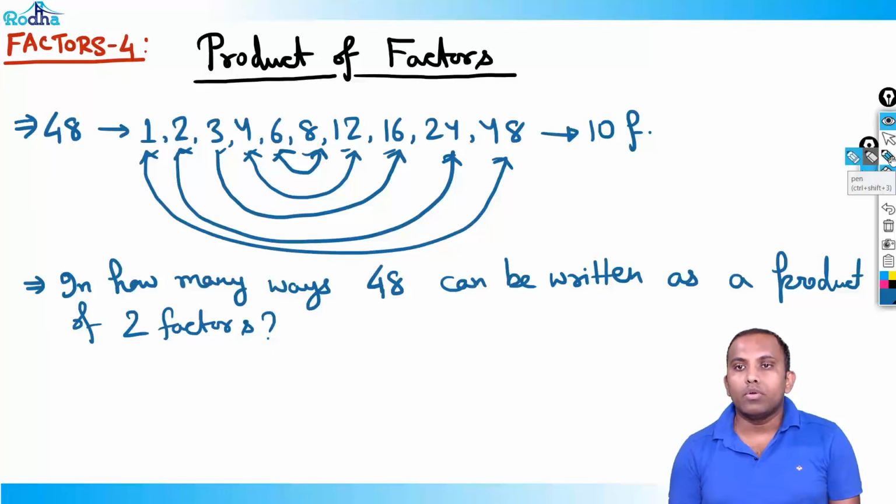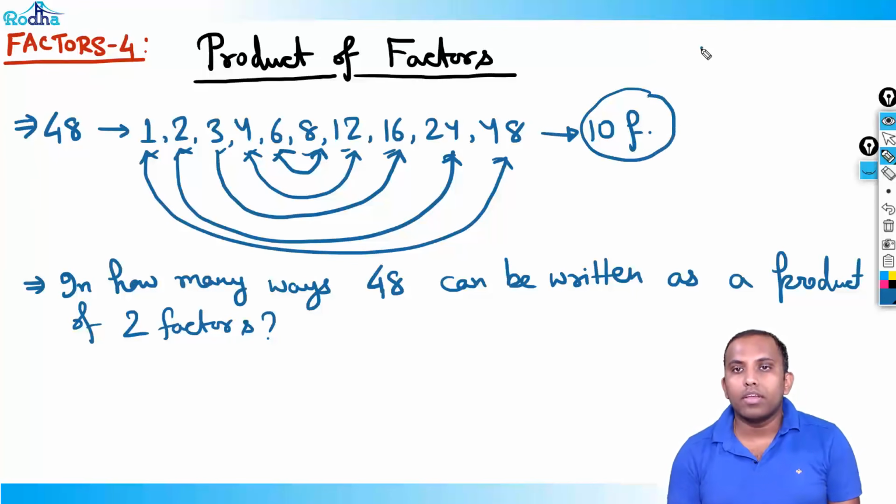When we list down all the 10 factors of 48, obviously there will be 5 pairs. What are the pairs? 1 into 48, that is first and last. 2 into 24, second and second last.